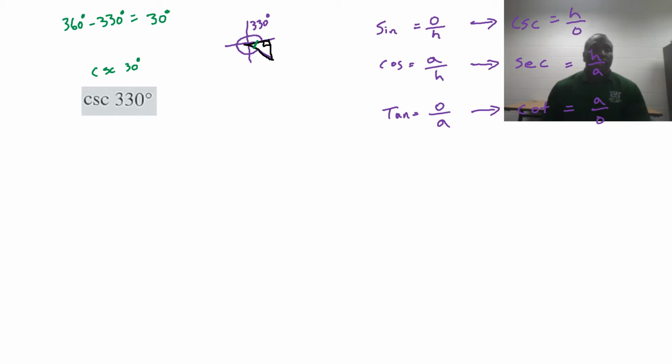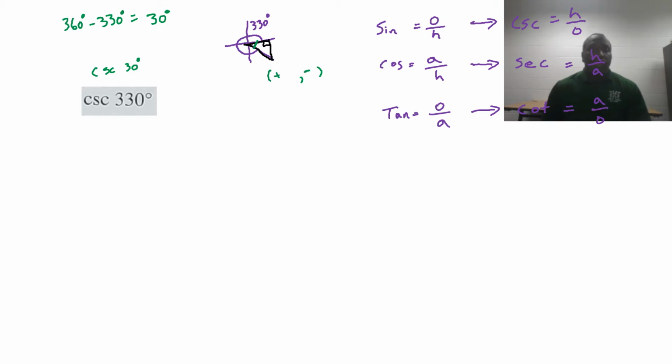All right, so in quadrant 4, what's going to happen? Well, first of all, we know that any point or any ordered pair in quadrant 4 is going to be first positive, then negative.